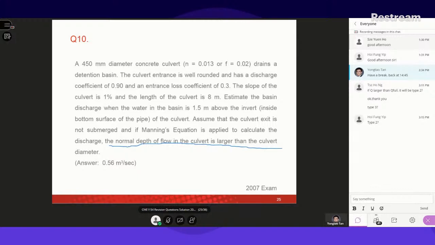Yeah, correct. Because for these questions, firstly you need to check whether the entrance is submerged or not, meaning whether H over D is larger than 1.2 or not.